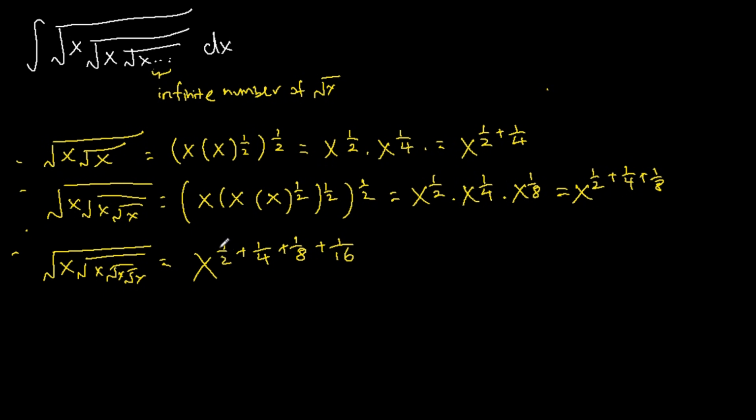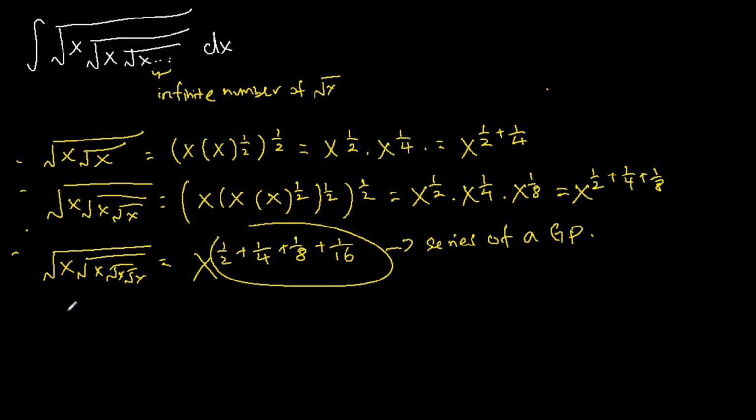Notice that the powers of x form the series of a geometric progression. So if you have 4 square roots of x, you will have 4 terms.